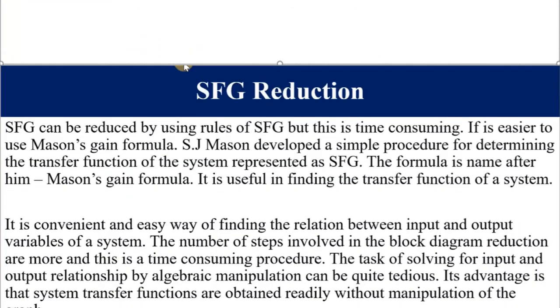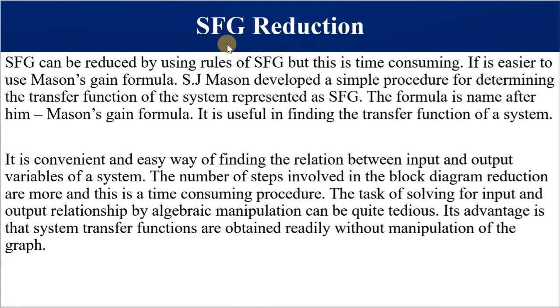We now want to go deeper, straight into Mason's gain formula, and we are saying this is used to find the overall transfer function of a signal flow graph, or to reduce signal flow graphs. SFG can be reduced by using the rules of SFG as we have seen, but we know that this is time consuming, and it is easier to use Mason's gain formula to reduce.